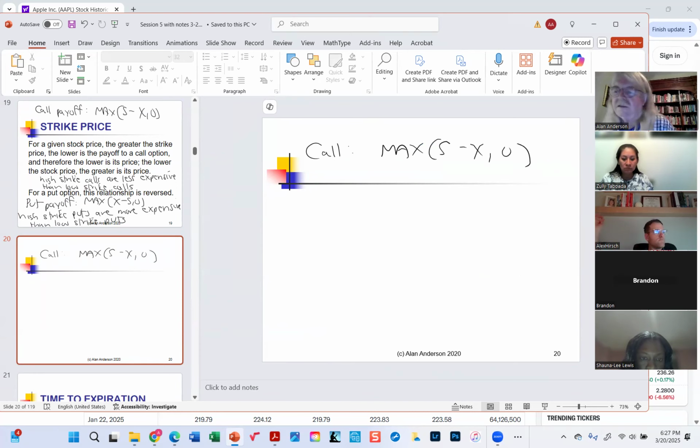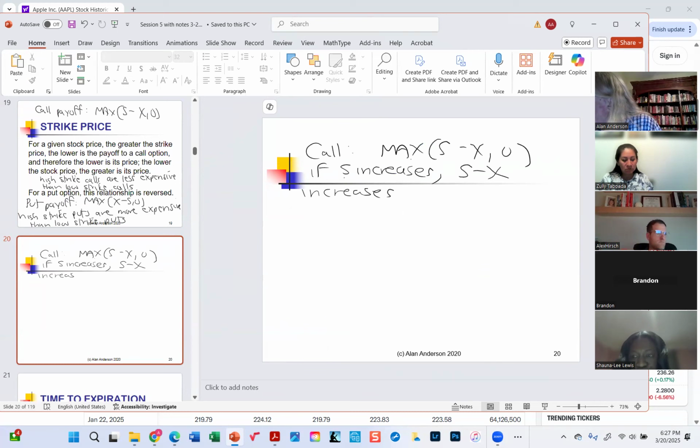So X is a constant. So if S increases, that means that S minus X increases. And the payoff rises. And of course, that means that the price of the option has to go up too.